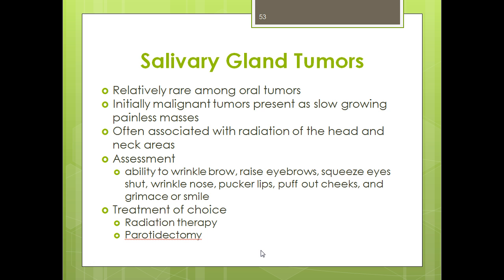You're going to assess the ability to wrinkle the brow, raise the eyebrows, squeeze the eyes shut, wrinkle the nose, pucker lips, puff out cheeks, and grimace to see if they have this ability. The treatment of choice would be radiation and parotidectomy. So that's basically the treatment.